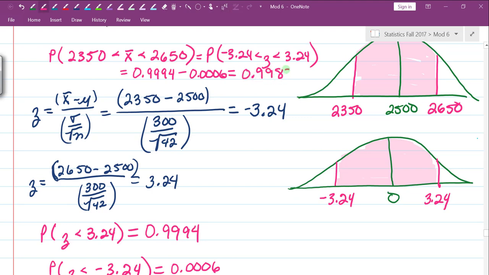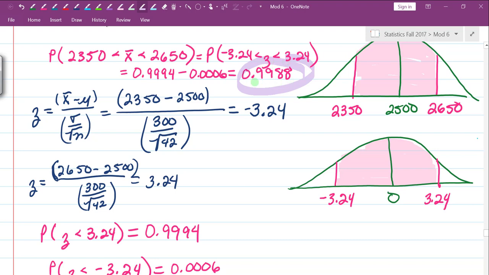So what is the probability that I am taking a random sample today of 42 samples of milk, and at the end of the day I average those 42 samples together, and my X bar, my average bacteria count for the day, is between 2,350 and 2,650, it's 0.9988, almost 100%. So very, very high.